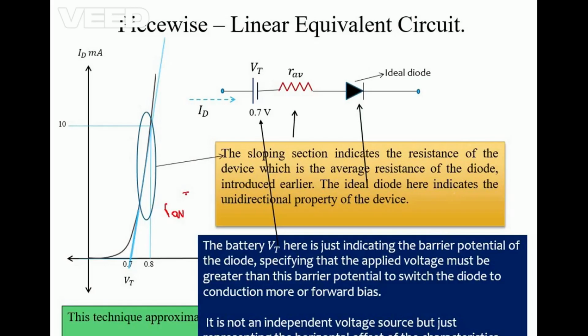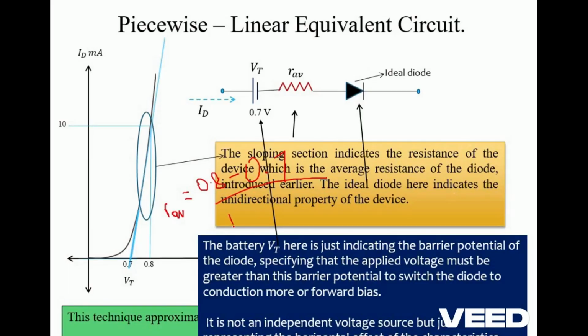RAV is equal to 0.8 minus, the diode starts conducting only after crossing 0.7 volts, so the minimum limit will be 0.7 volt. Just subtract 0.8 minus 0.7 volts.